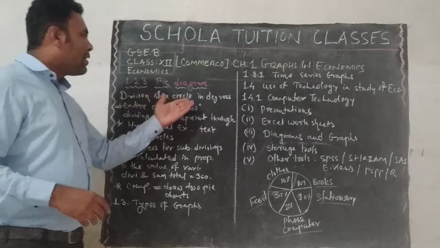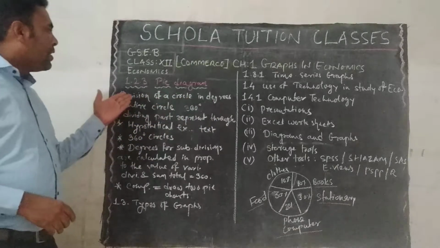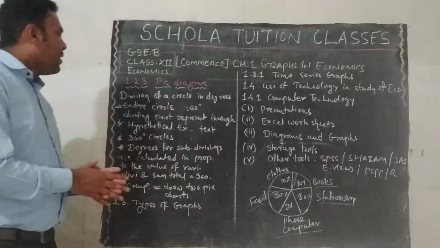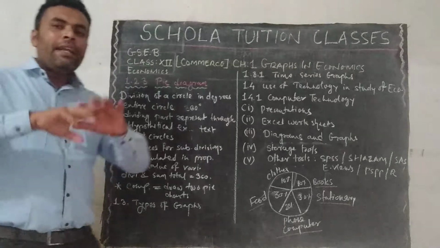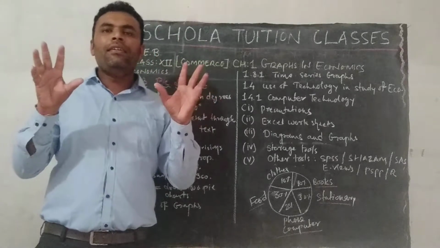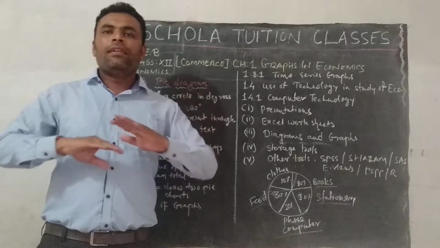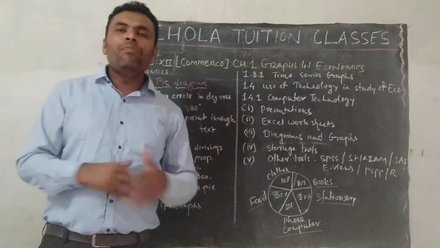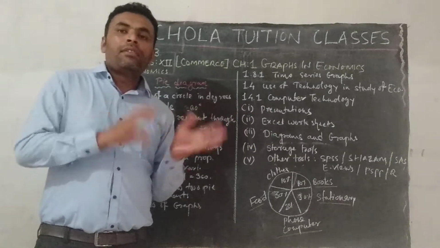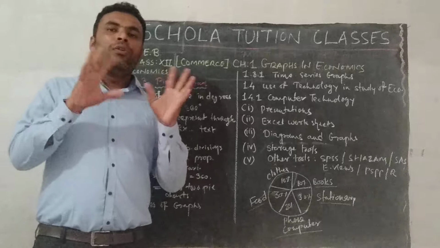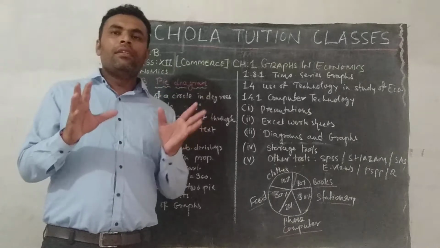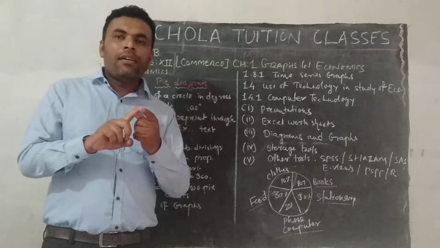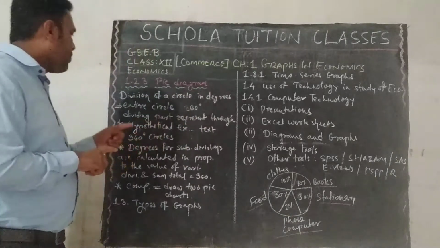So, the division of a circle in degrees, which represents the entire circle of 360 degrees. There is no doubt about how many components or subgroups there are, but the overall universal combination of them comprises 360 degrees.